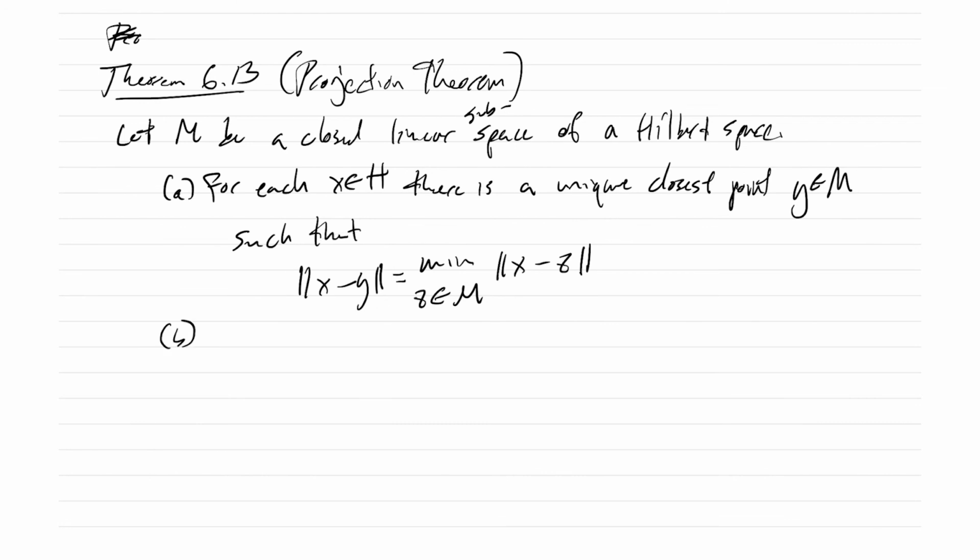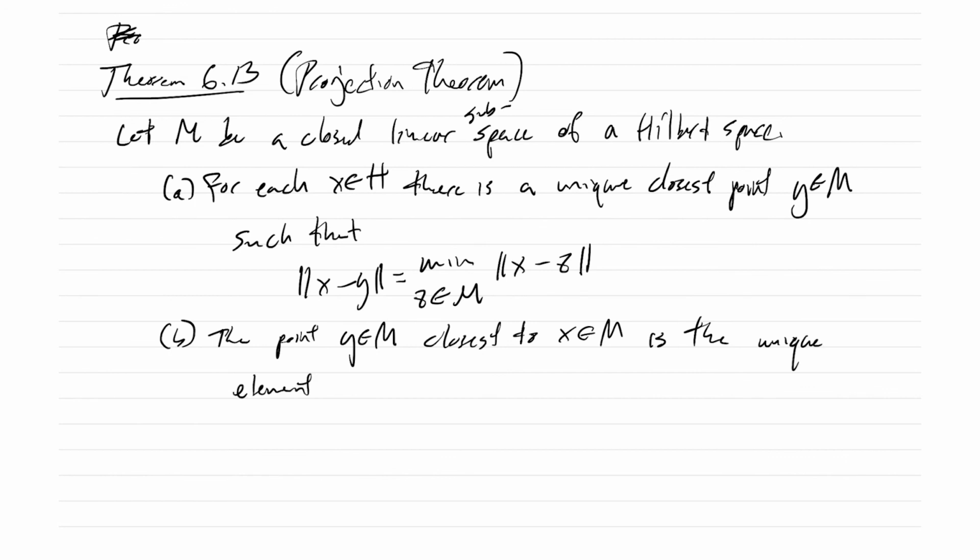All right, and b, the point y in M closest to x in M is the unique element with the property that x minus y is perpendicular to M. So it's going to allow us to decompose every vector x into two points.